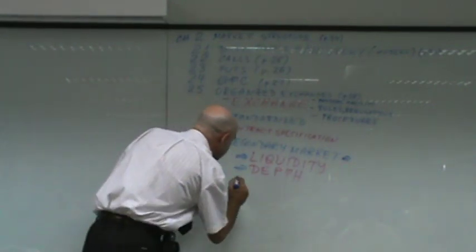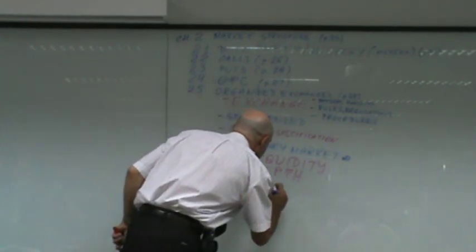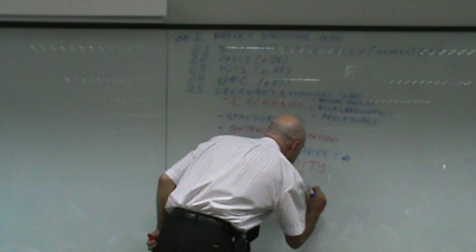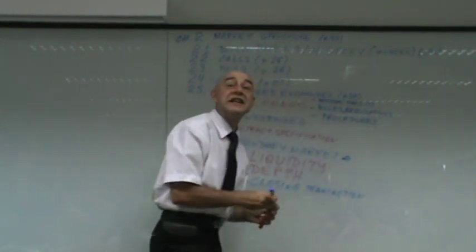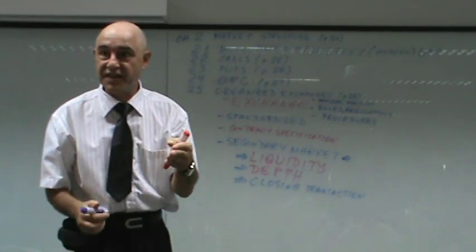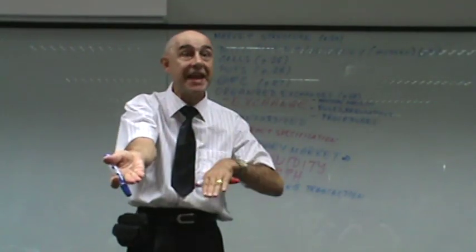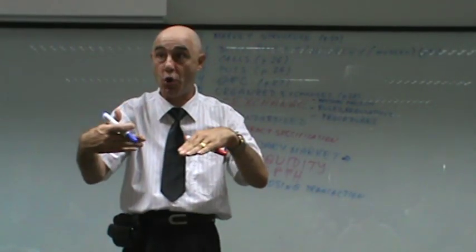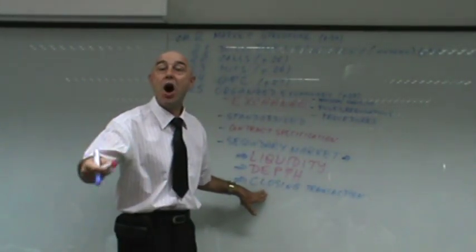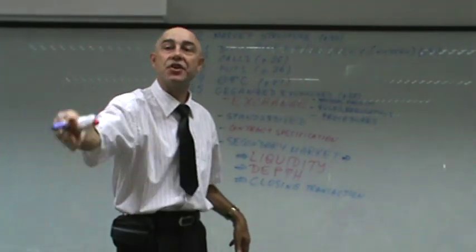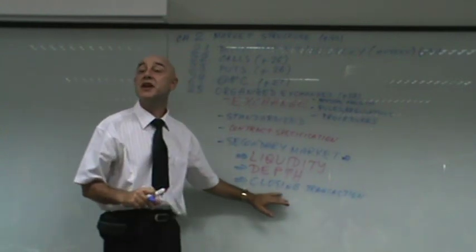And I already explained, extremely important on organized exchange is called a closing transaction, same as offset. If you buy a contract and you sell the same contract, so if you got a long and you got a short, because both of them are up against the same clearing house, they cancel each other. That's extremely important.